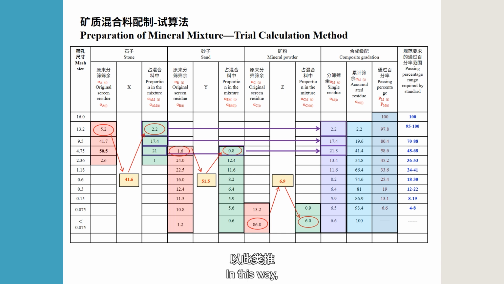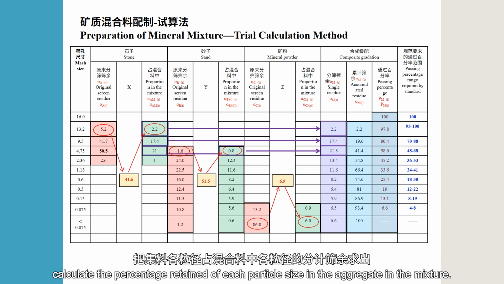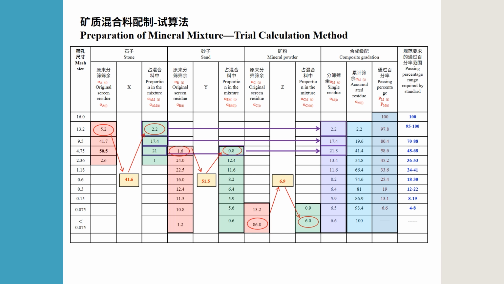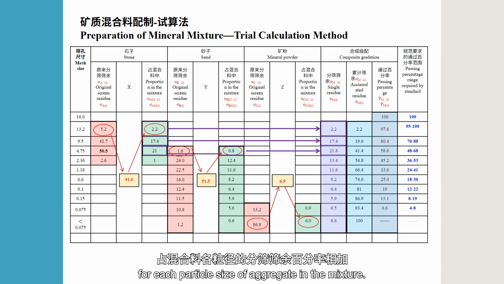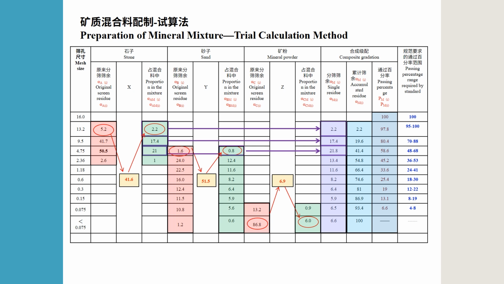In this way, calculate the percentage retained of each particle size in the aggregate in the mixture. Therefore, the fourth step is to add the percentage retained on the sieve for each particle size of aggregate in the mixture.